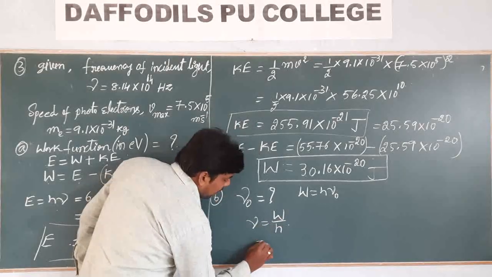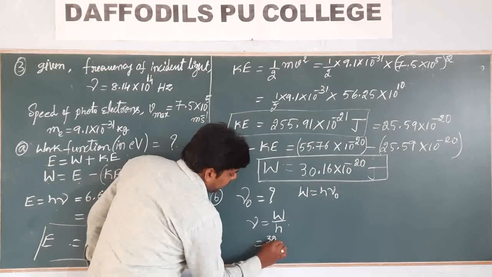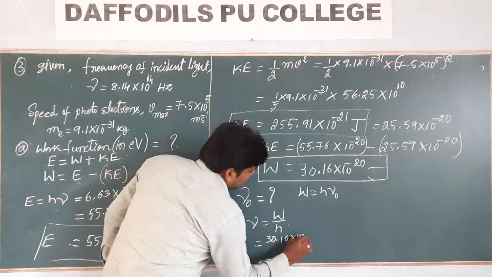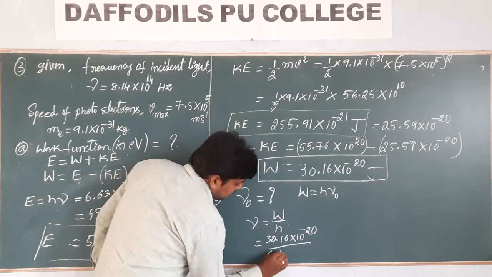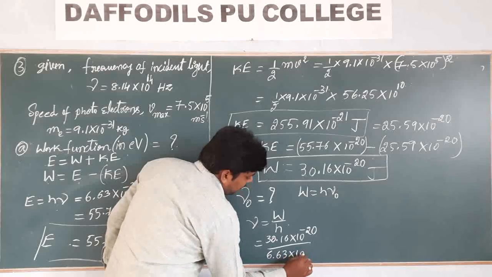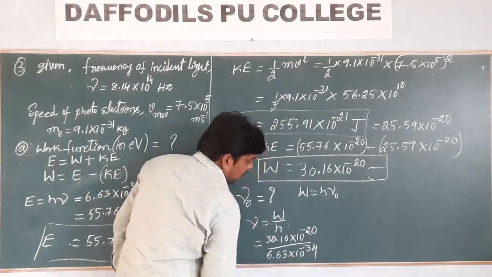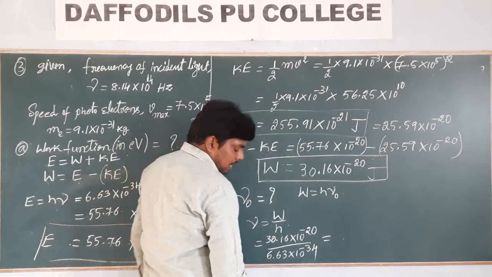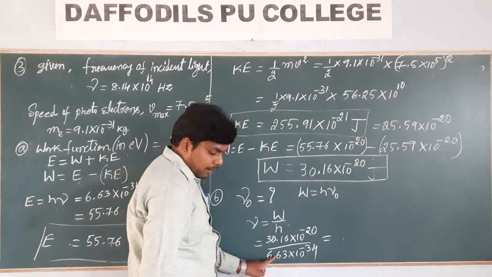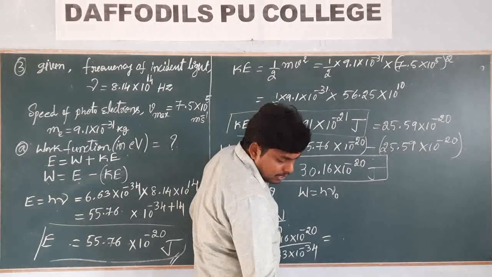Substitute the work function value, 30.16 into 10 to the power minus 20, divided by the h value, 6.63 into 10 to the power minus 34. Simplify this: 30.16 divided by 6.63, the value is 0.1.